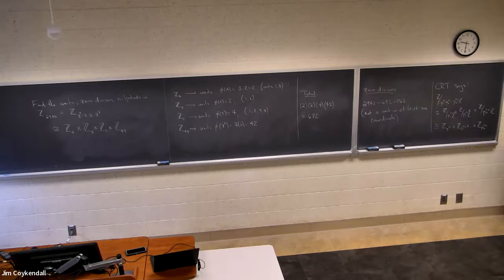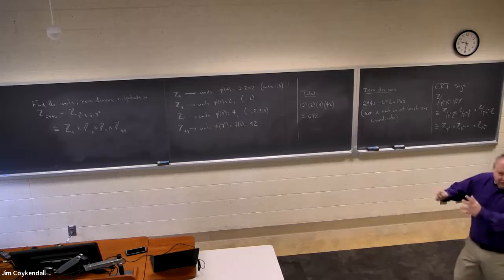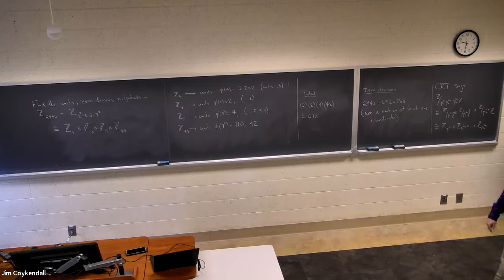Because if there's one coordinate you can't invert, then you're totally hosed, right? And of course that's a little bit harder to count, because there's different possibilities. So it's easier to count the units and subtract off, right?